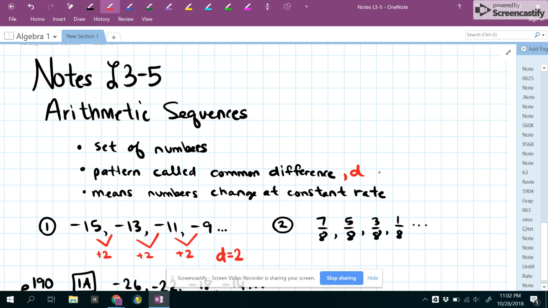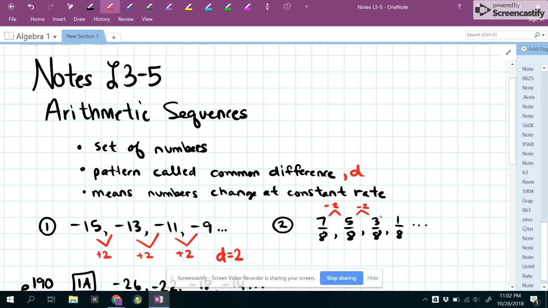In example 2, all of the denominators are the same, so we can just look at the numerators. To get from 7 to 5, you subtract 2. So we're subtracting 2 eighths. To get from 5 to 3, we are again subtracting 2.